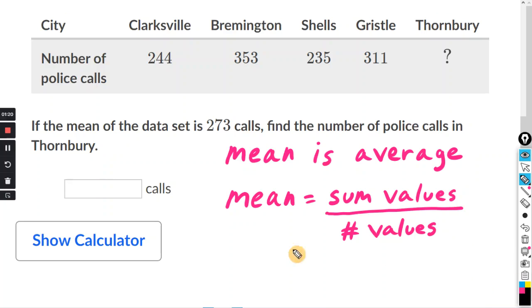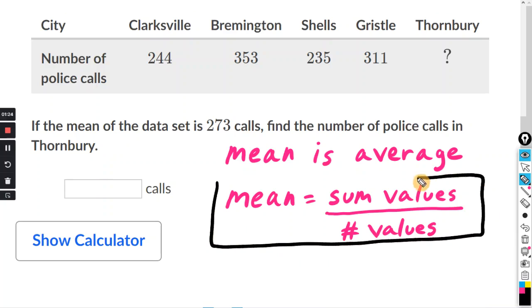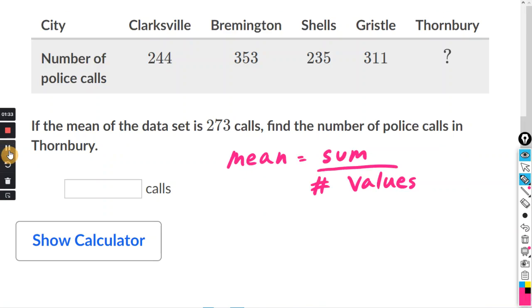If you want to write this down, this is the formula we're going to be using for all the problems in this exercise. So the mean equals the sum divided by the number of values.